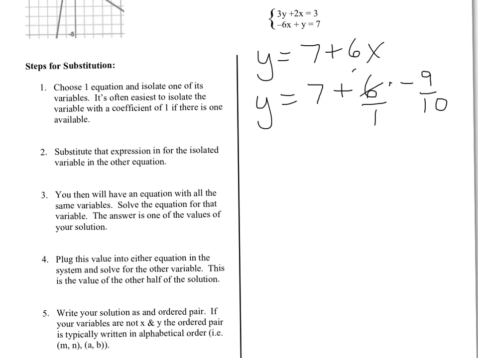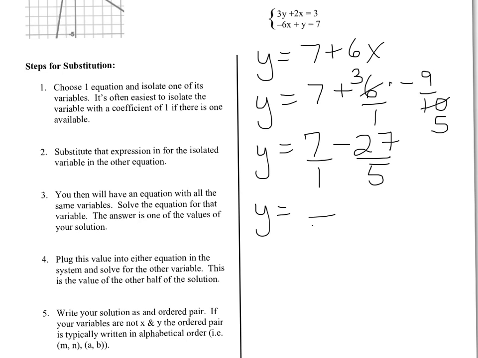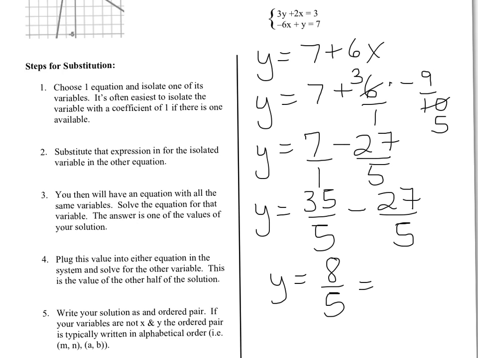So I'm going to divide by 2 and get 3 here, and we're going to get 5 here, which gives me y equals 7 minus 27 over 5. And then, of course, we need to find a common denominator. So y is equal to, our common denominator is 5, so that's going to give us 35 over 5 minus 27 over 5. And so we get that y is equal to 8 over 5, which is 1 3/5.